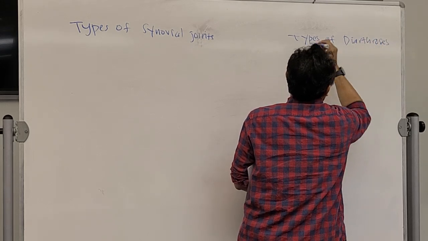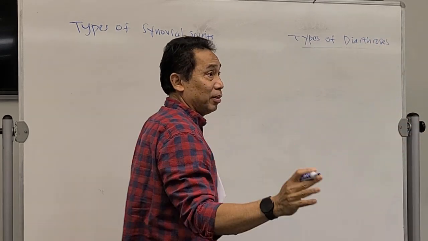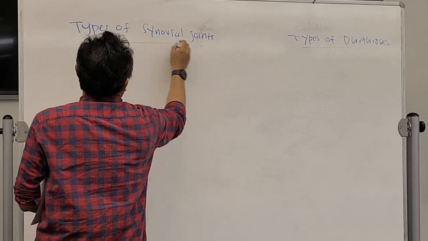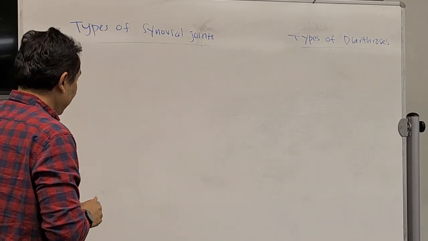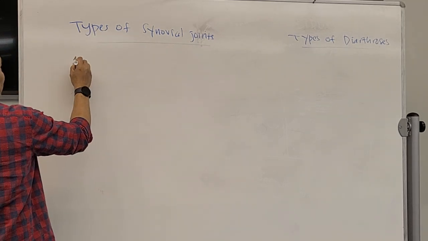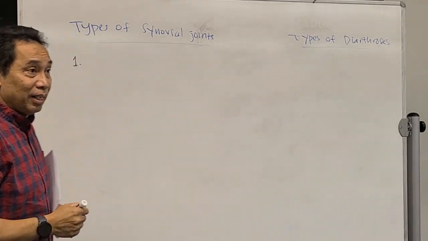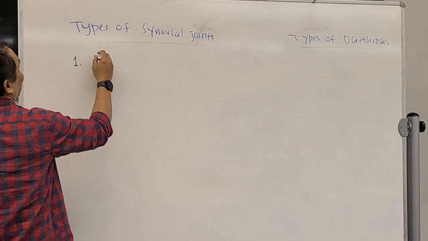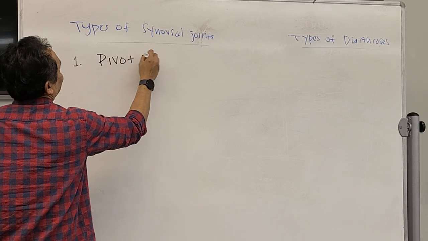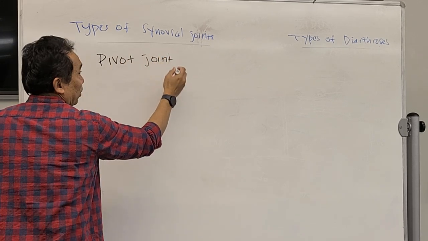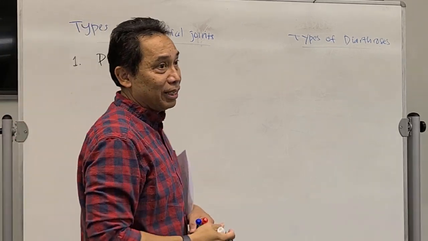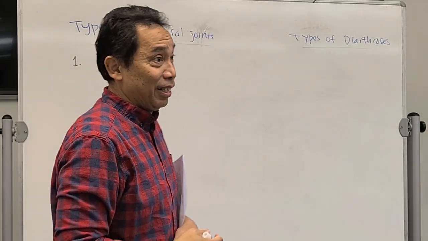What does diarthrosis mean? Freely movable joint. Between axis and atlas, we have a joint called pivot joint. Example: between atlas and axis.